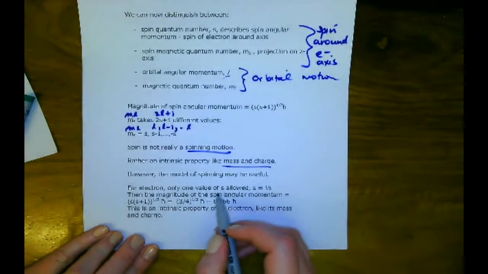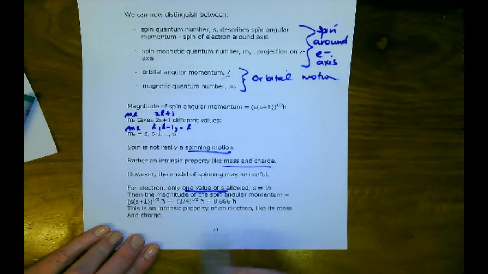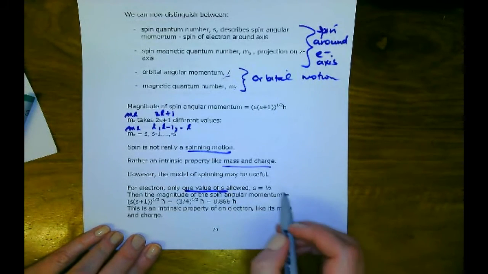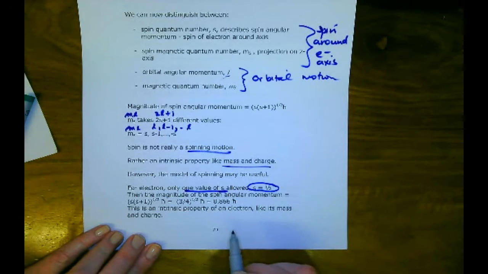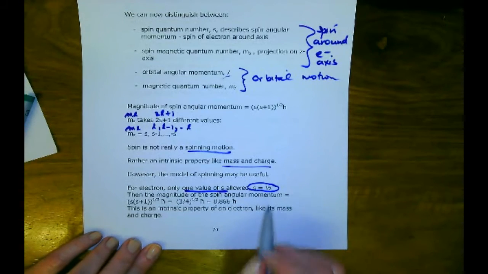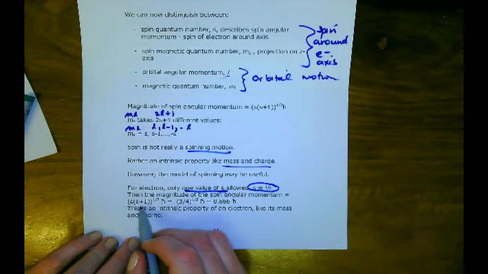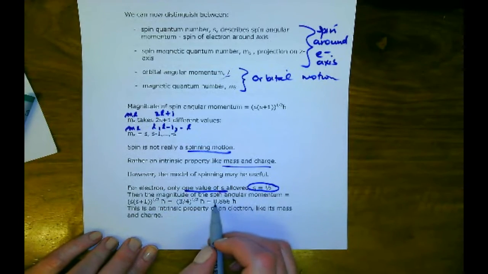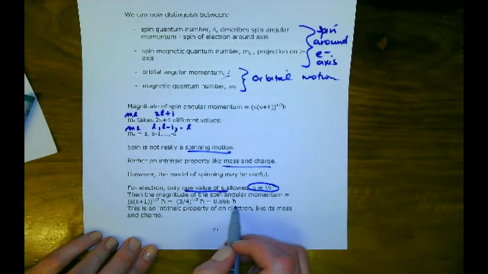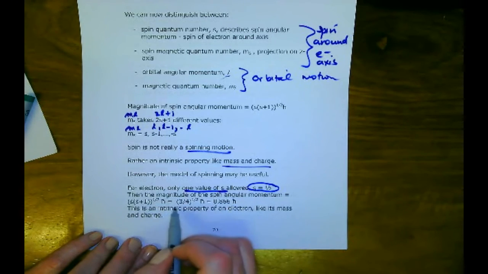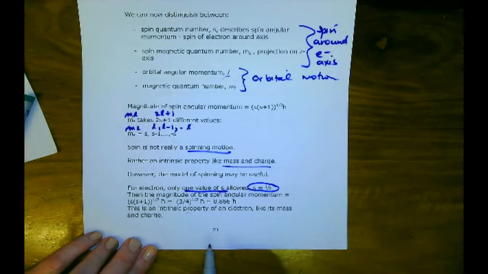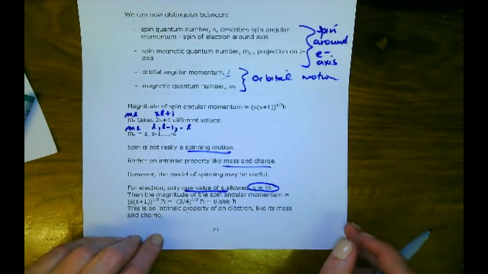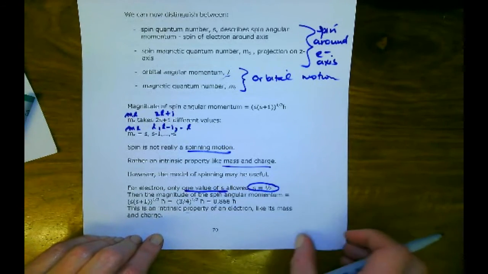Now, for an electron, only one value of S is allowed. S equal to a half. So for an electron, S is always equal to a half. If you then use that to calculate the magnitude of the spin angular momentum, you get a value of 0.866 h bar using this equation. And this is again an intrinsic property of an electron, like its mass and its charge.